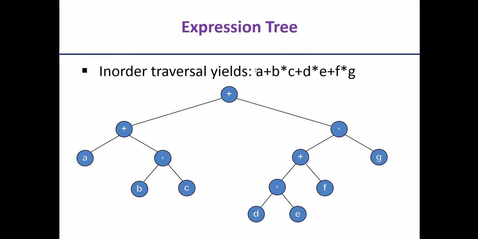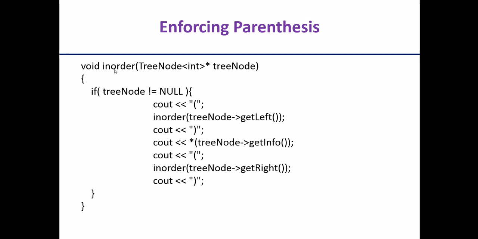So if you want to put parentheses like this one, we can modify the in order function. You can see in our original in order function we have recursion, a base case, and then in order left tree, print out, and in order right tree, and this function is called again and again until we reach the null pointer.